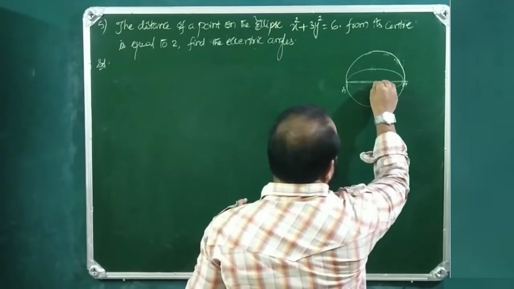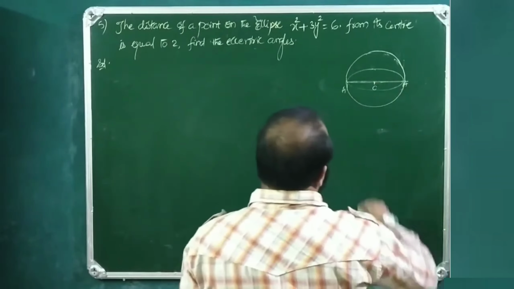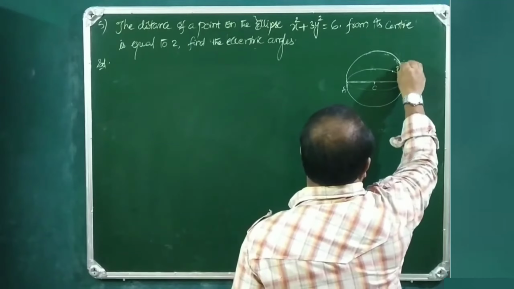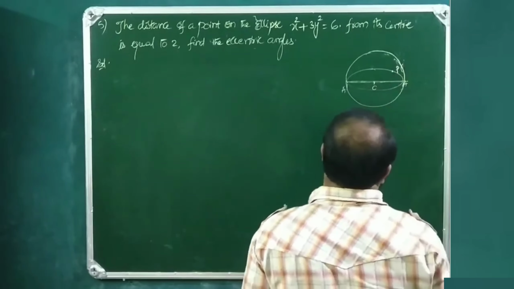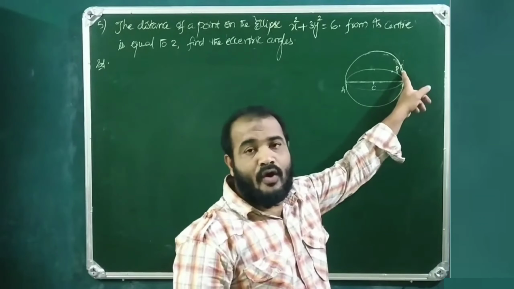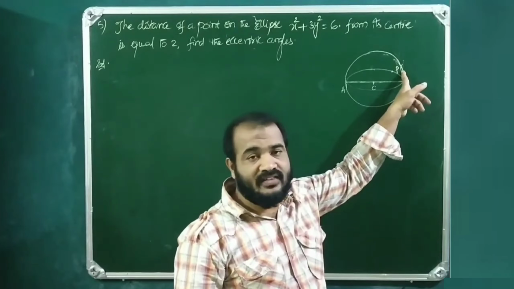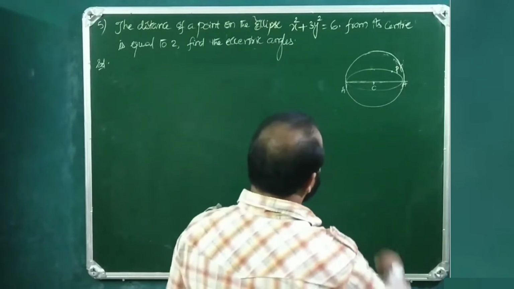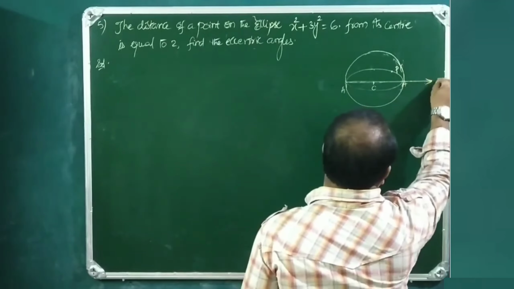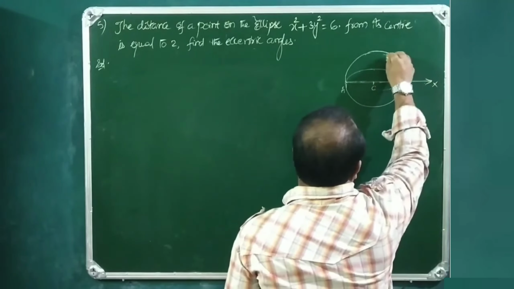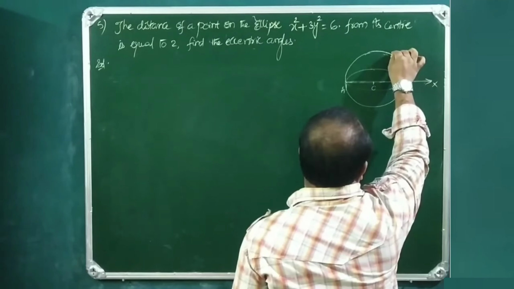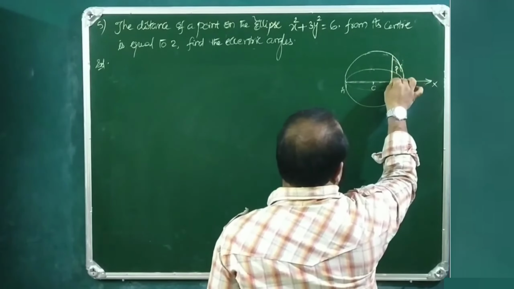So this is C. Okay, and let P be any point. What is the parametric point of the circle? A cos theta, B sin theta, which we deduced in the last video. And this is our x-axis, and this is the perpendicular.